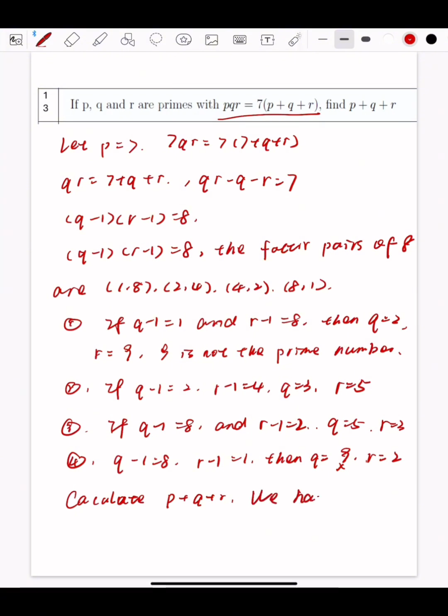we have P, Q, and R, or Q, and get them together. That is, so the value of the total. Okay, now let the number we are looking for be x.